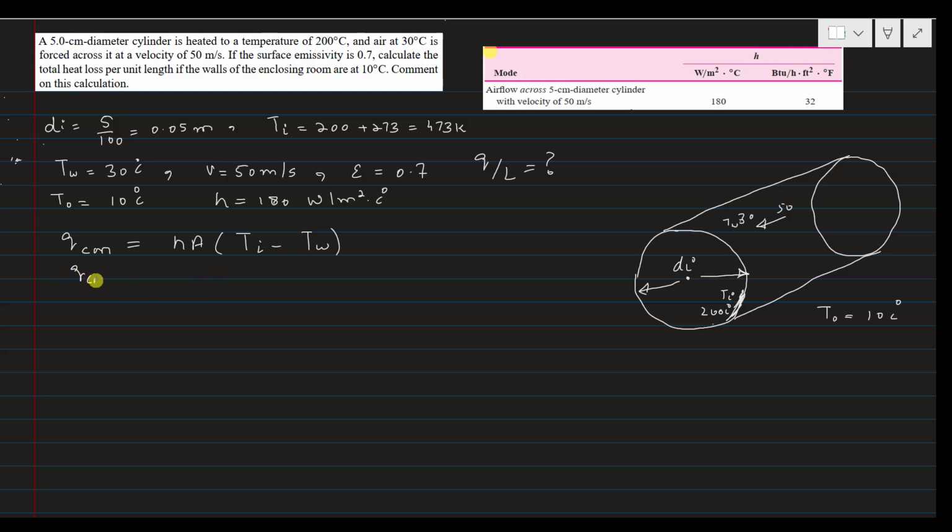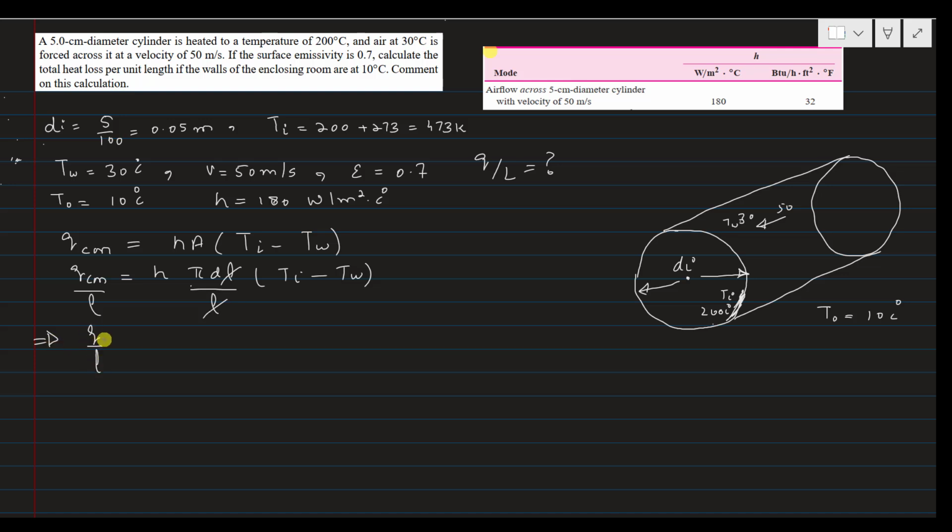Now Q convection equals h A, where A is the surface area of this pipe, that is pi d L. We need to find heat transfer per unit length, so we divide by L, and this L will cancel out, so you will get heat transfer per unit length.